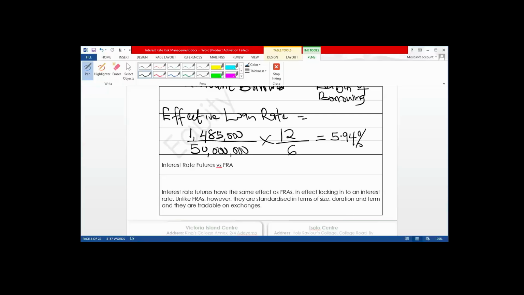However, unlike FRAs, interest rate futures are standardized in terms of size, duration, and term, and they are tradable on exchange.